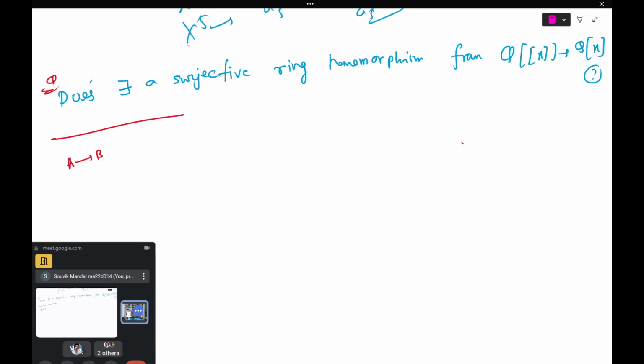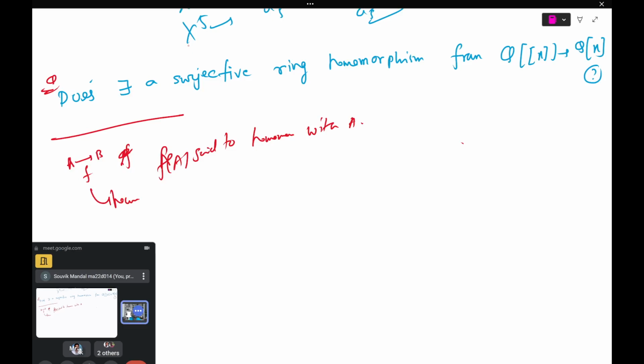Suppose we know that between A and B there is a homomorphism. Okay, right? Homomorphic is basically this: if f is a homomorphism, then f of A is said to be homomorphic with A. So the moral of the story is that the image of a homomorphism is said to be homomorphic with the domain.